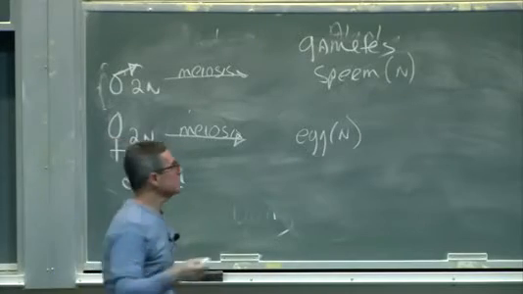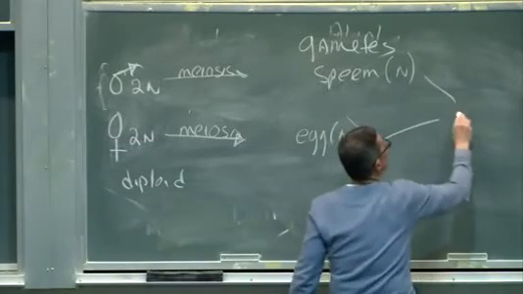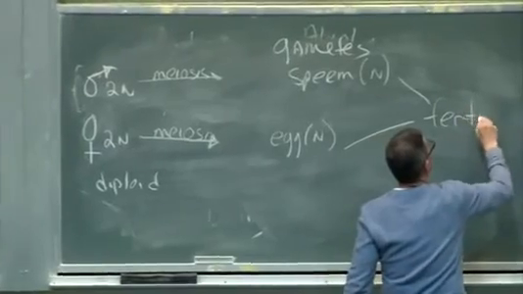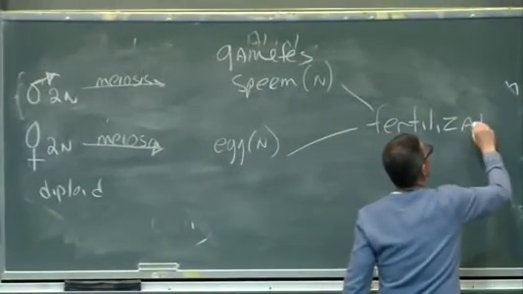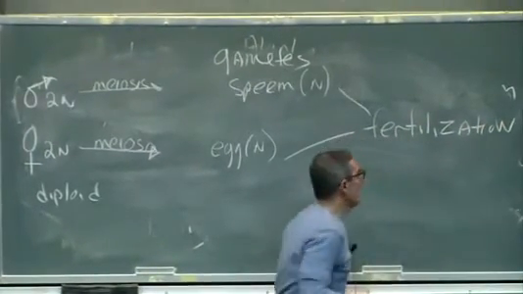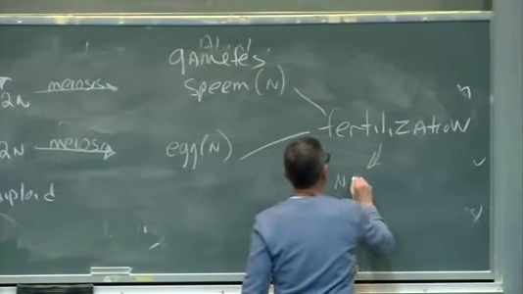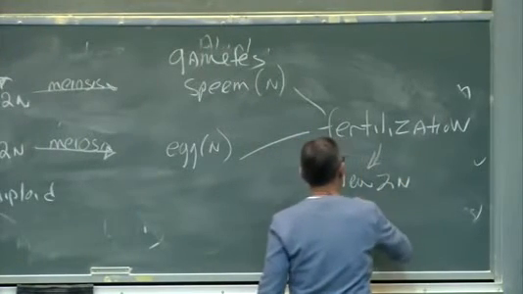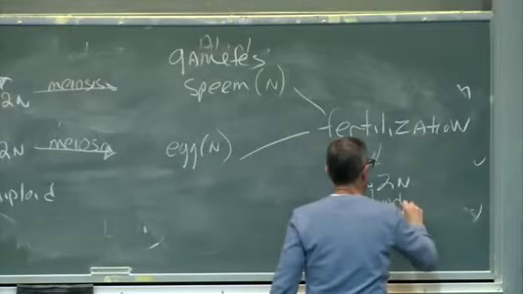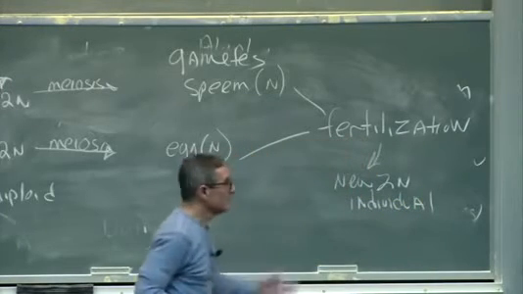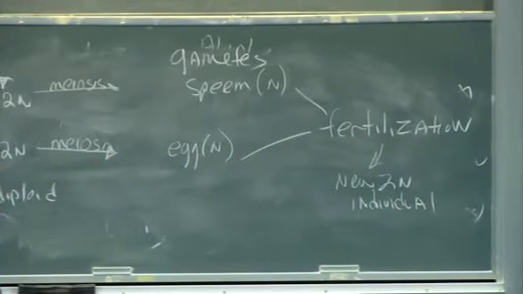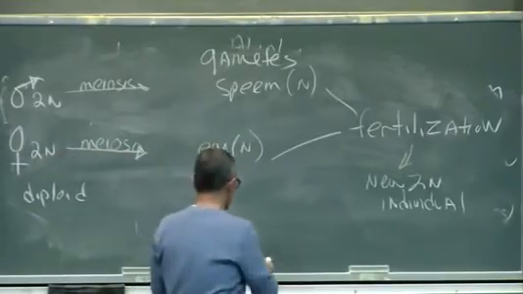And then what happens is that we have fertilization. And you make the new 2N individual. The new 2N individual repeats the cycle again. Now, what have the algae done?